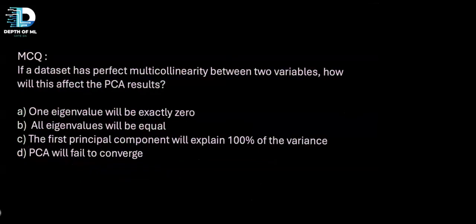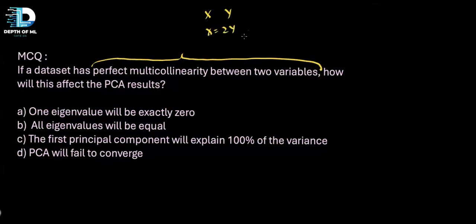Now, if the data set has perfect multicollinearity between two variables, which means that they are perfectly correlated. Perfect multicollinearity means suppose there are two features X and Y, and X is say 2 times Y. So this is multicollinearity, they are exactly related to each other.